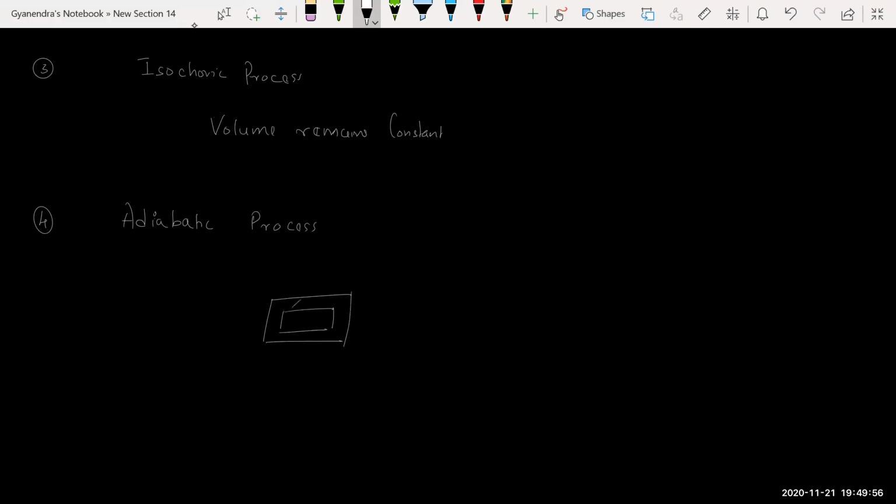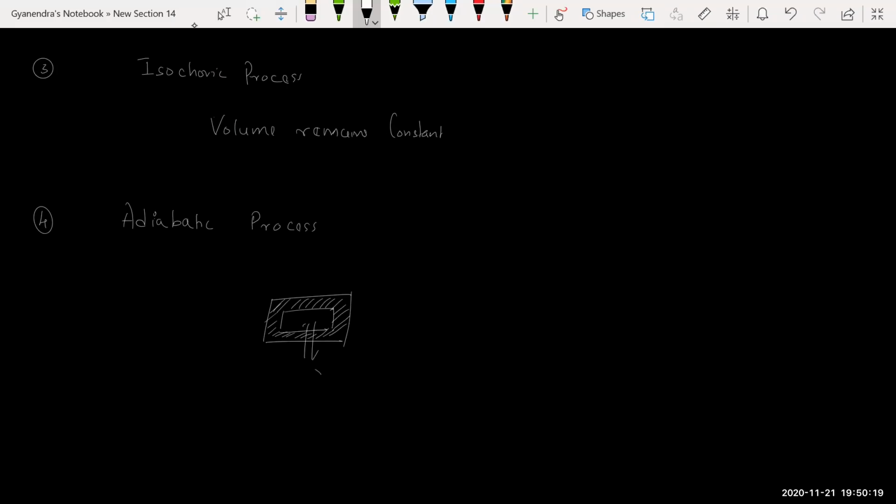Delta H is equal to 0 or heat is equal to 0, Dinesh? Q is equal to 0 in this process, okay? No heat change would occur here. Is that clear? No energy change from outside to the inside, okay?